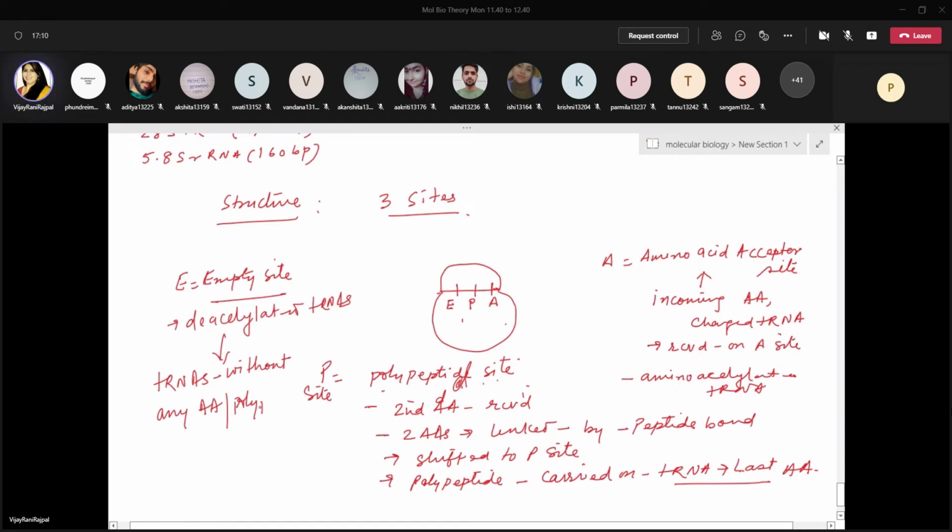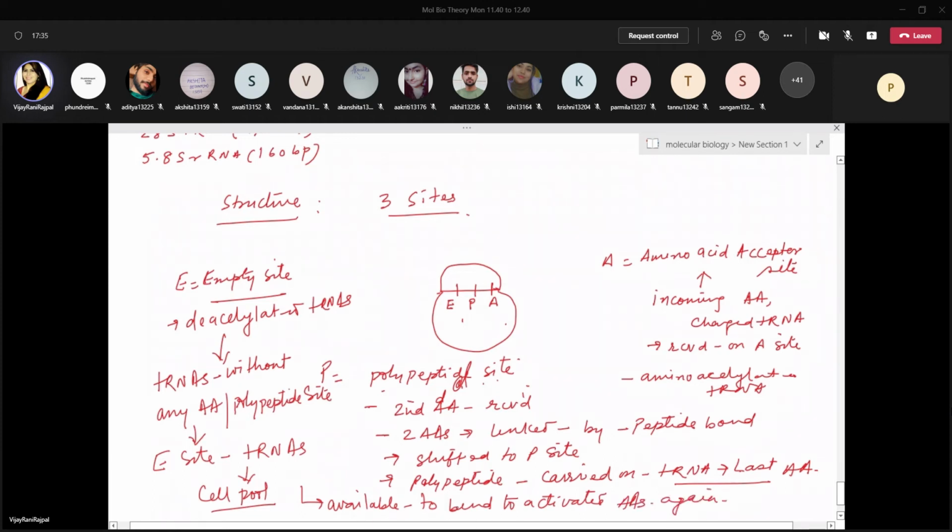And from the E site, such tRNAs then go back to the cell pool so that they are available to bind to activated amino acids again and bring them whenever they are required to the site of protein synthesis.